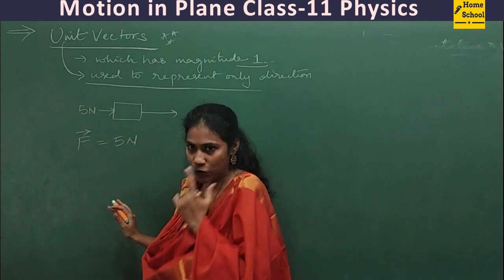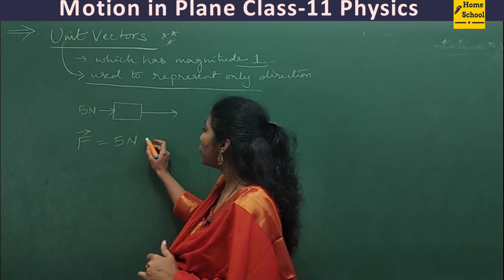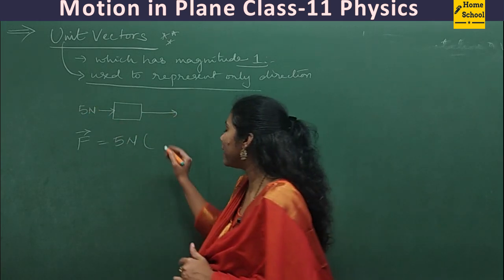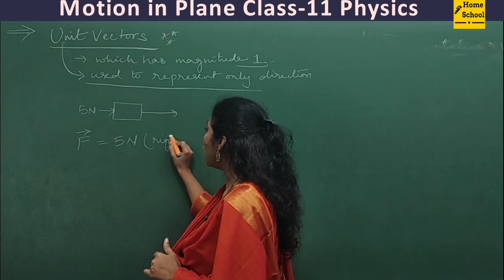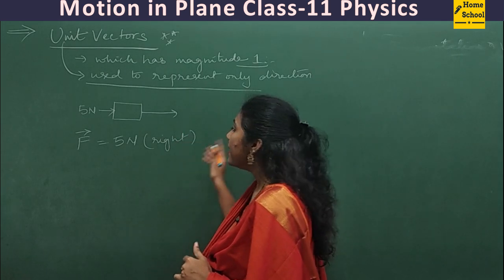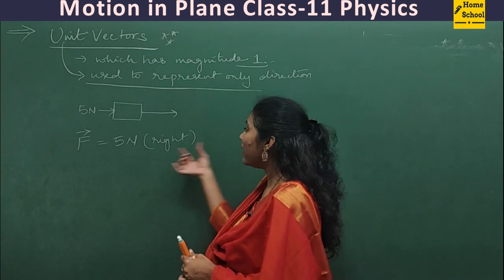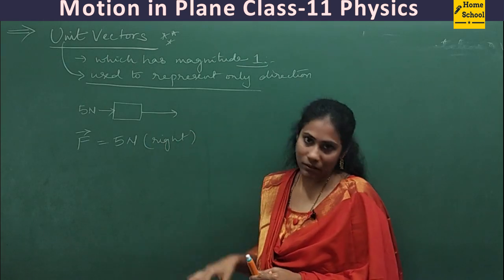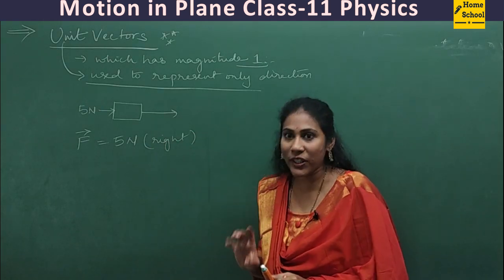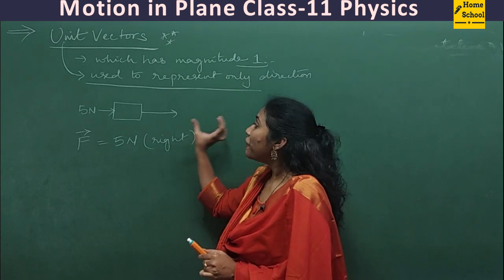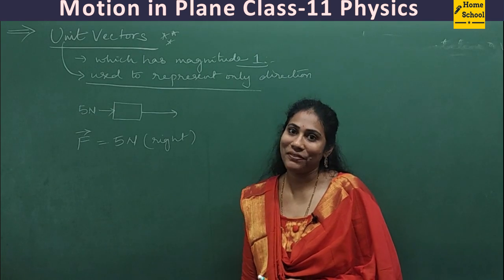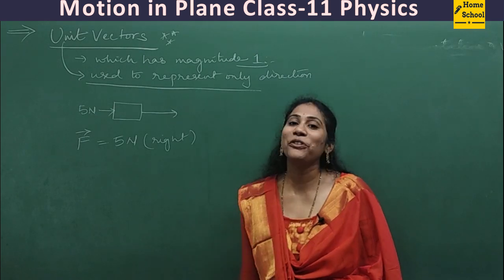This much is the force I applied, and then the direction in which I applied the force is the right side. I just told you that we will not be writing direction like this. Words like right, left, up, down we don't use. Instead of that, we can use a unit vector to represent the direction. So that is the use of unit vector.